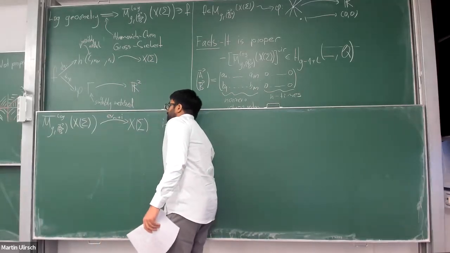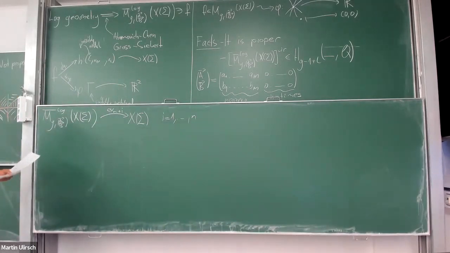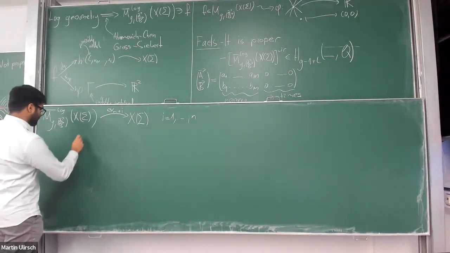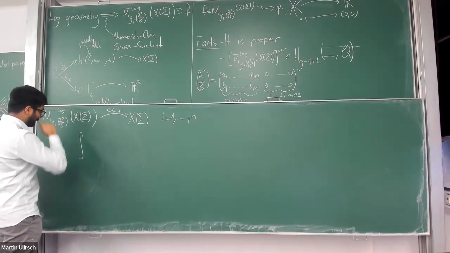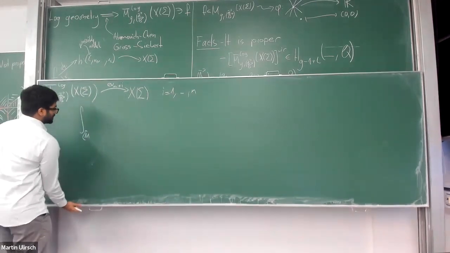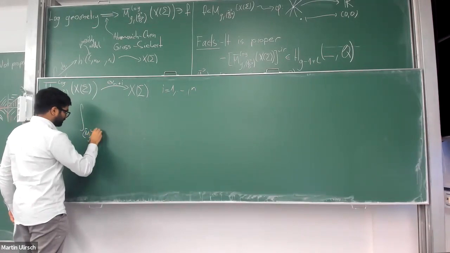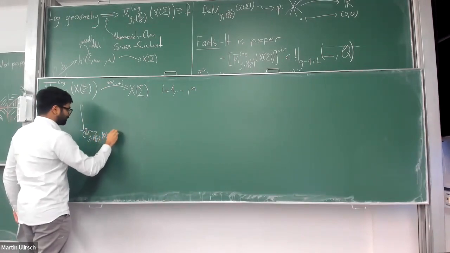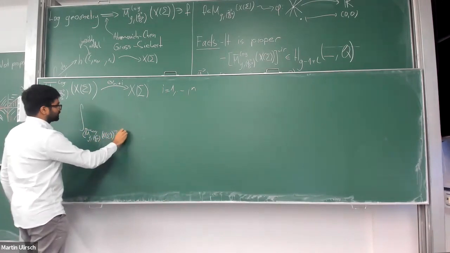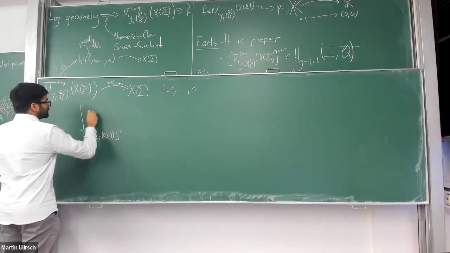And then now I can define my invariants. The first logarithmic invariant I'm going to define is the following. We integrate against the virtual class. What are we going to integrate?